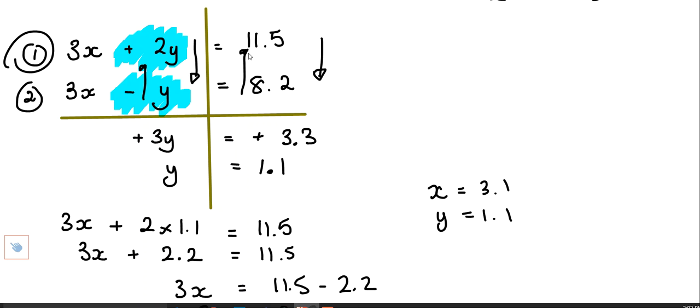Just to make it clear, the thinking about how it changes, that's my way of explaining to you how it works. They will not give you that in an exam. They will just say, solve this system of equations. Solve the simultaneous equations. And you will have to do it in whatever way.